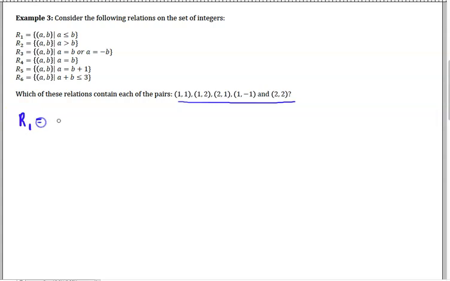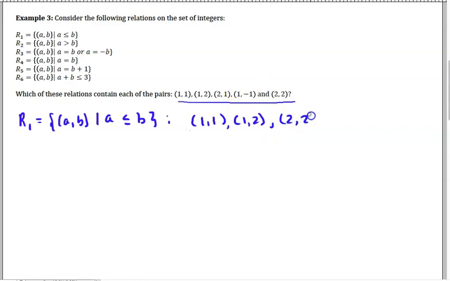R1 is the pairs of numbers (a, b) for which a is less than or equal to b. Let's see which of these fit that definition. (1, 1) certainly fits. (1, 2) fits that description. (2, 1) does not, and (1, -1) does not.